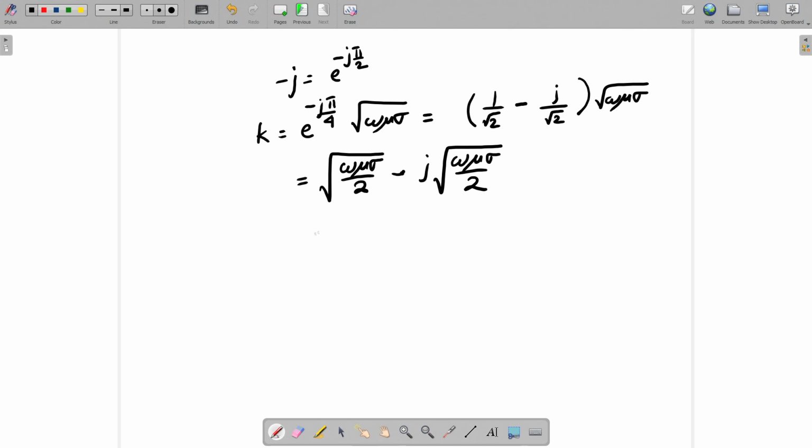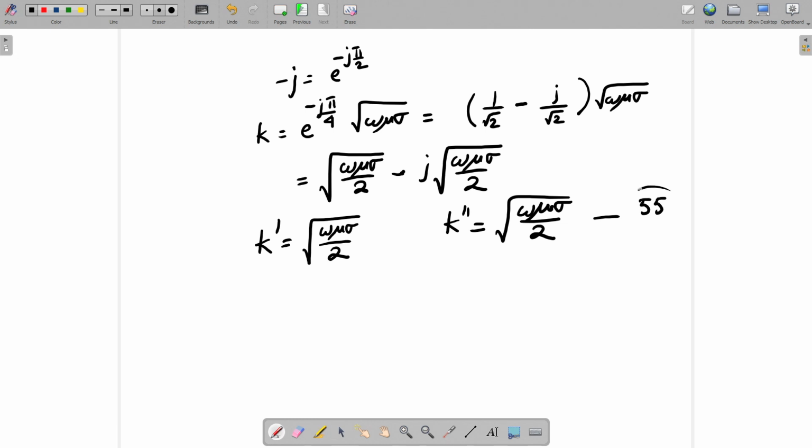As a result, k prime, the real part of the propagation constant, becomes root of omega mu sigma by 2, and the imaginary part becomes root of omega mu sigma by 2 as well. So, let us call this equation 55.